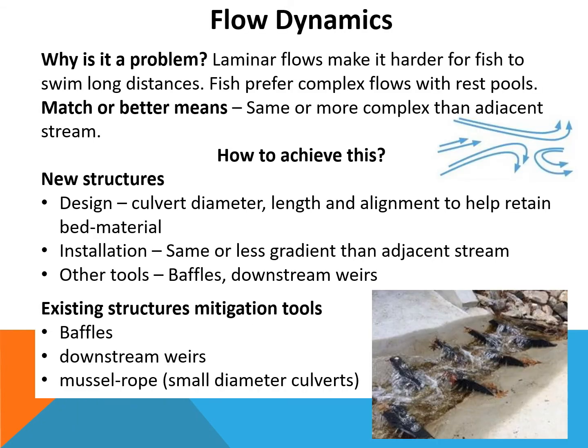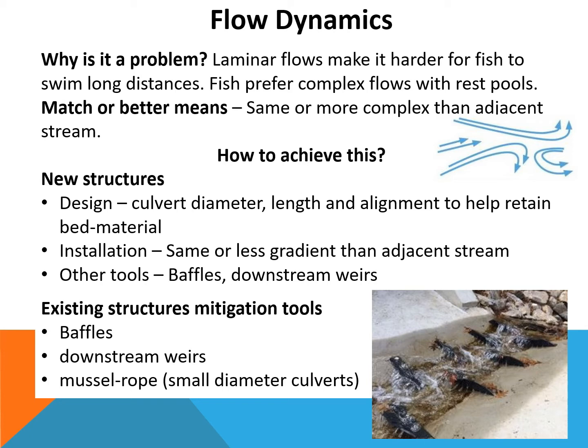So this one is a little bit more interesting in the sense we're talking about flow dynamics. And why is it a problem? Well, as you saw earlier on, laminar flow makes it harder for fish to swim long distances, and fish have evolved to take advantage of the complex flows that occur in a natural environment with rest pools and different widths and depths, and that complexity occurs right down through the water column, not just horizontally.